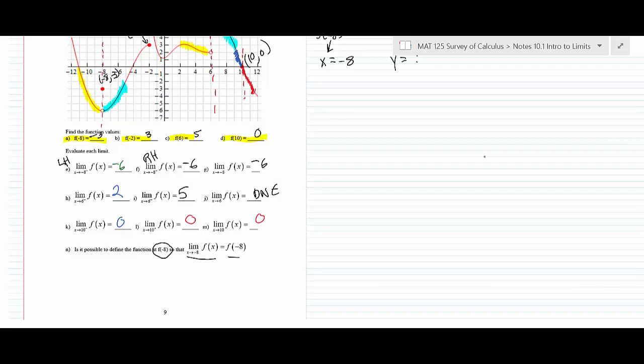They're different, right? So all I'm asking is, if you wanted to define this so that the value of the limit was the same as the function value, you would want to make that function value also -6. That's what that statement is saying: redefine this so that the value of the limit becomes the value of the function.